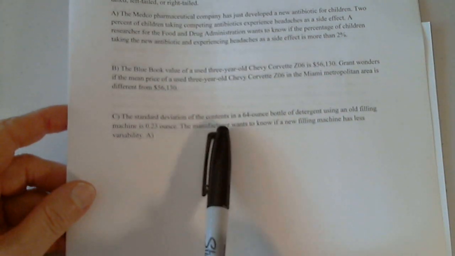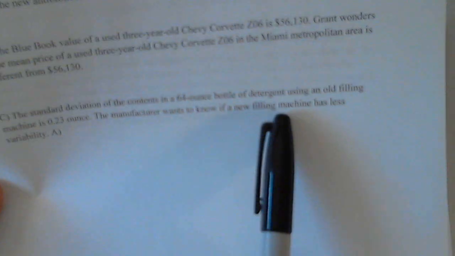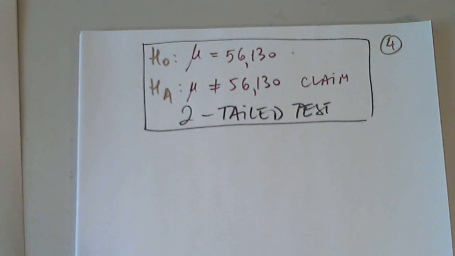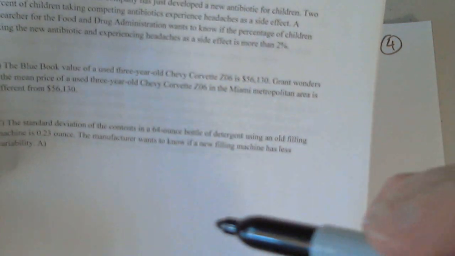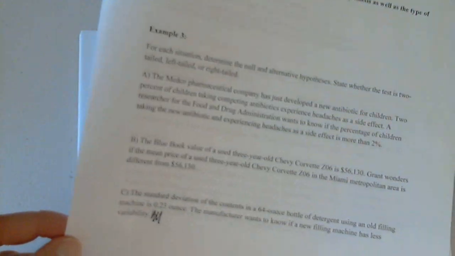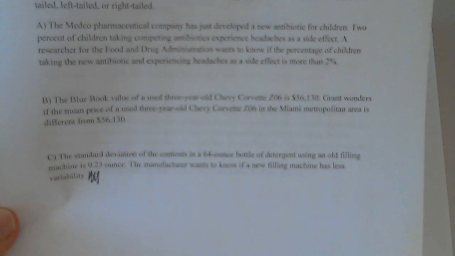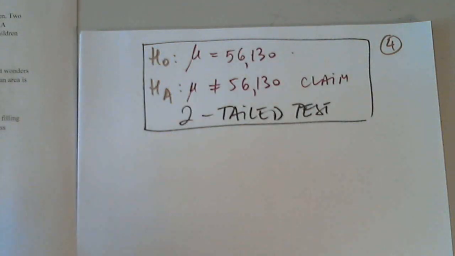Part C. The standard deviation of the contents in a 64-ounce bottle of detergent using an old filling machine is 0.23. The manufacturer wants to know if the new filling machine has less variability.